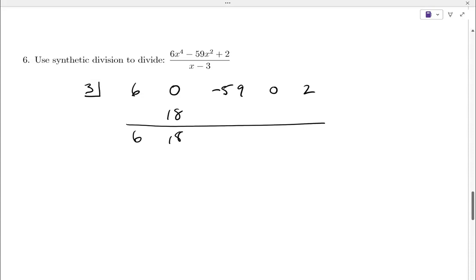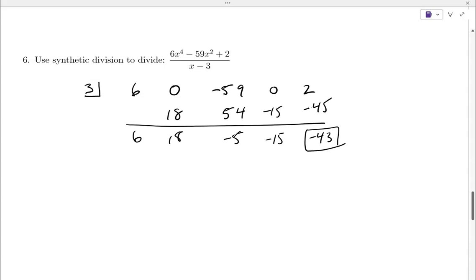And then 18 times the 3 gives you the 54. Add down, you get negative 5, and then multiply to get negative 15, add down, negative 15, multiply, negative 45, and add down, we'll get negative 43.